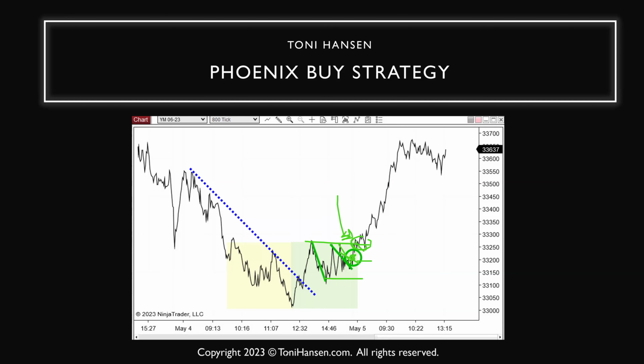So that would be a level where I would say, no, I don't want to use a market order for something like that. But where I would use a market order would be if I was looking at each of these highs within this congestion, as this is pulling down, I would have a stop market buy order above each of those highs so that when that channel breaks, my market order triggers immediately and I'm going to get a much better fill than if I wait for the break and use a limit order as it confirms.